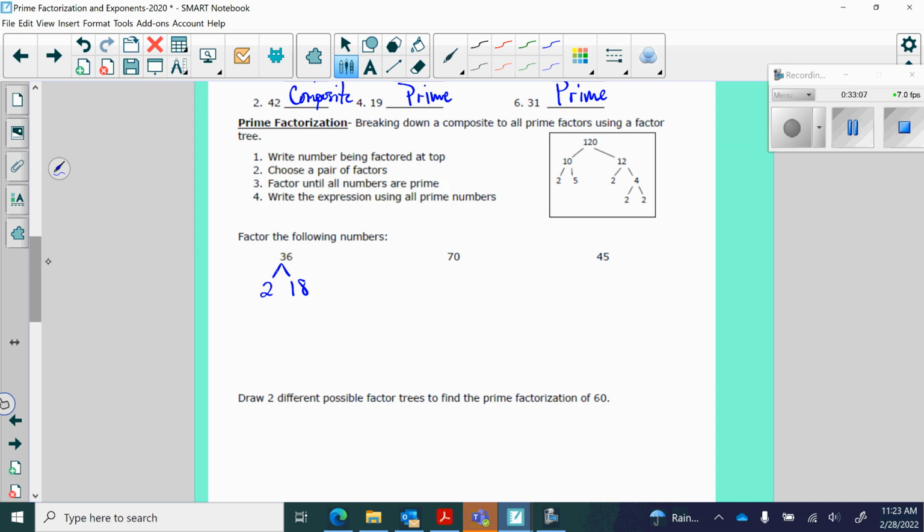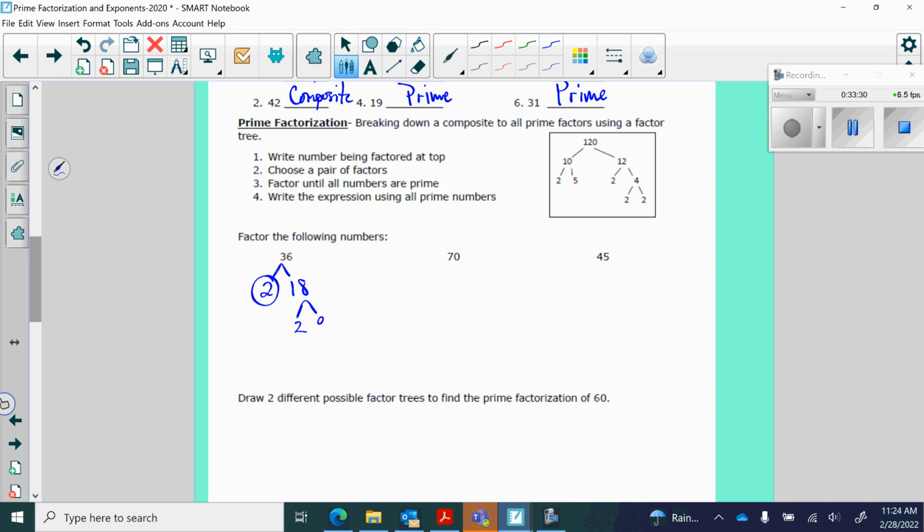You could do 4 and 9. You could do 6 and 6. Any of those work. You'll get to the same answer. This is just the way I personally prefer to do it. Every time I get to a prime number, I circle it. That tells me that branch is done. It's broken to its prime factors. Okay? 18. Can I divide it by 2? Yes.